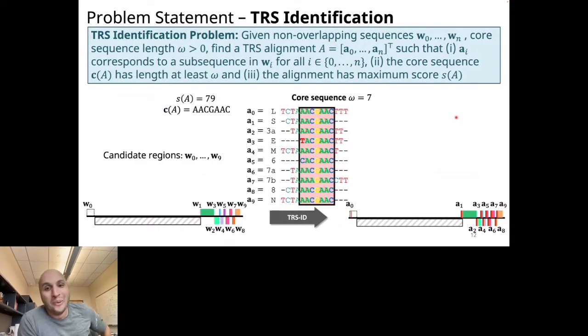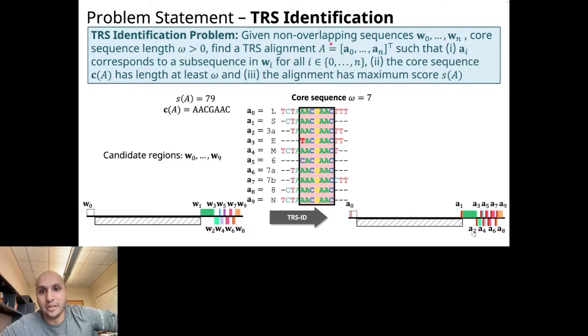We don't know what A0 is, and we also don't know what the other TRS-Bs are, because all our input corresponds to candidate regions, which are upstream of every gene. I'm indicating them here with W0 to WN. The other thing we're given is the length of the core sequence, so we have a constraint on its length.